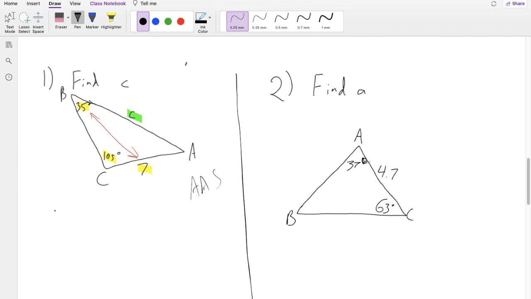We have our completed ratio, which is the side length 7 over the sine of that opposite angle, which is 35 degrees. And that's going to be equal to this other ratio. We have this side C, and we know the angle of C, so we can set that up. I'm looking for side C, and I know that angle C is 105.